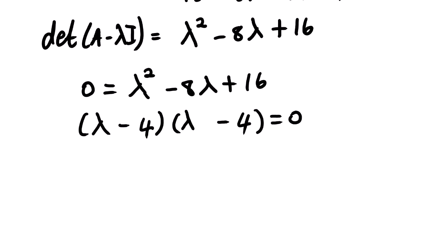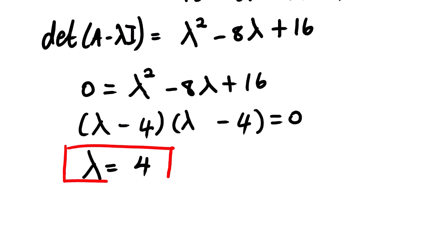So these are the factors. Now we have lambda equals 4. Since you can see that both of these eigenvalues are 4, we say these eigenvalues have an algebraic multiplicity of 2, since you can see that the very same result repeats itself 2 times.